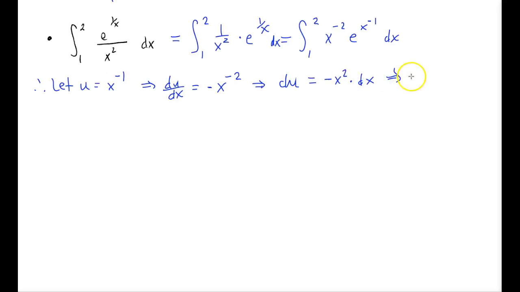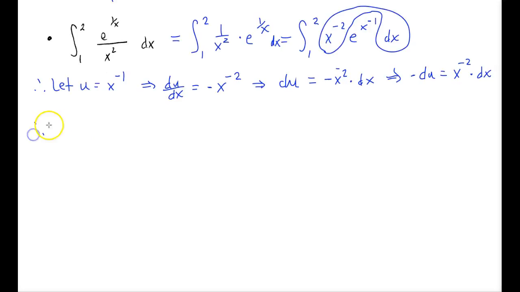If we multiply both sides by -1, then that will be x raised to the -2 times dx. And so now for this portion, we have a direct way to substitute.